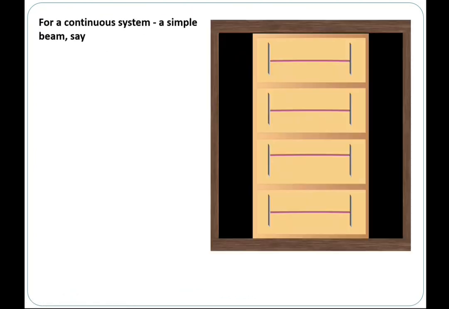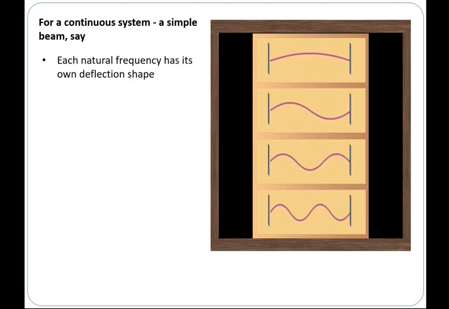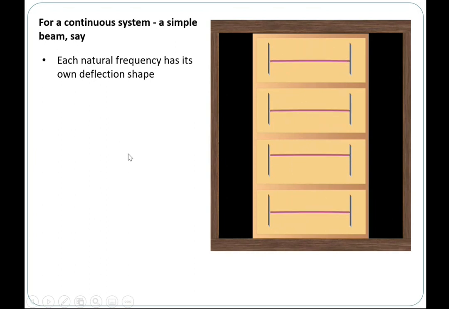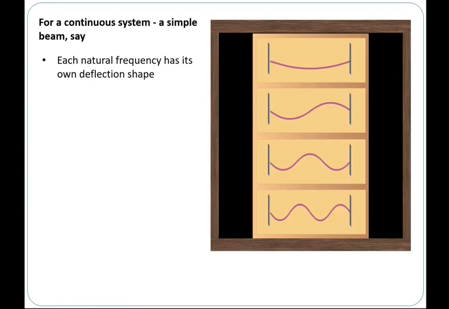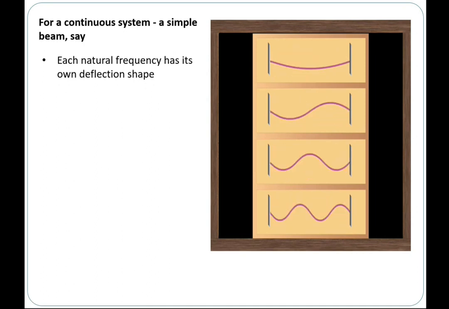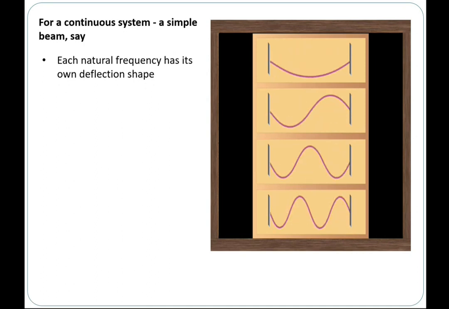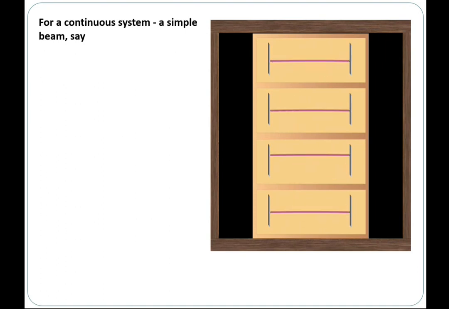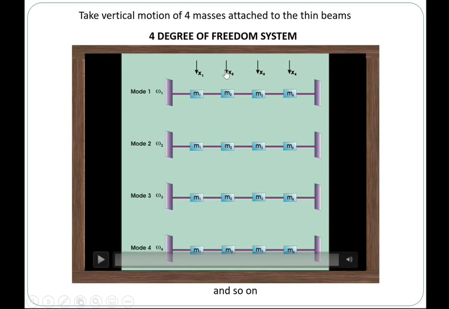Of course, we are saying that this particular beam, the actual beam, is a continuous system. A continuous system will have an infinite number of natural frequencies and an infinite number of mode shapes. But the first 4 natural frequencies and mode shapes will be the same as what you have seen here.